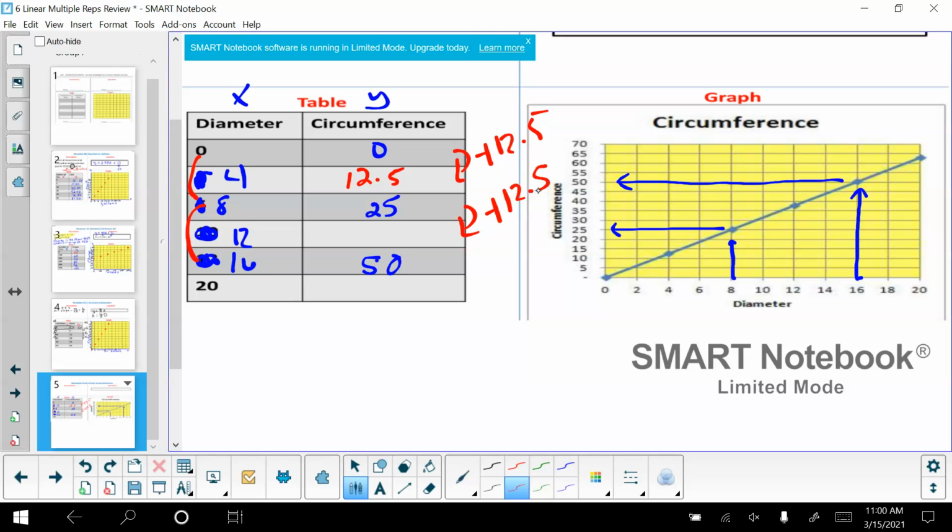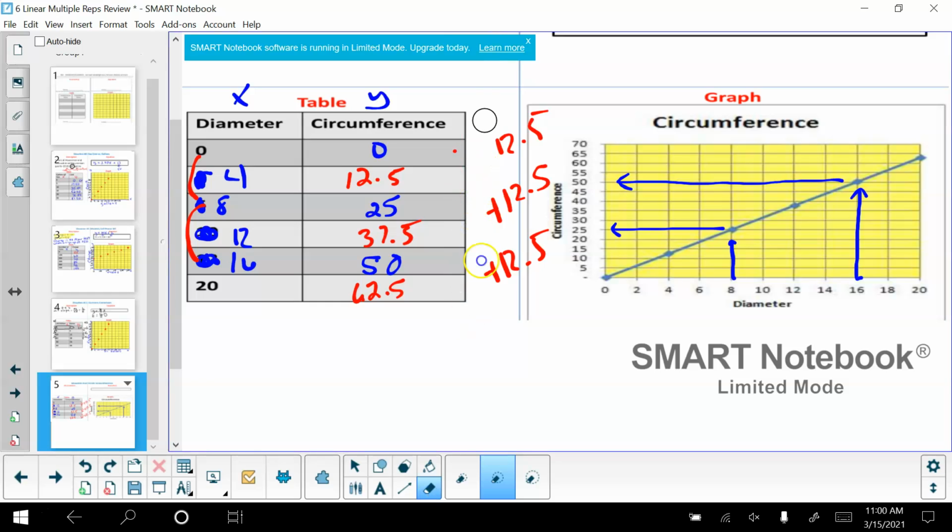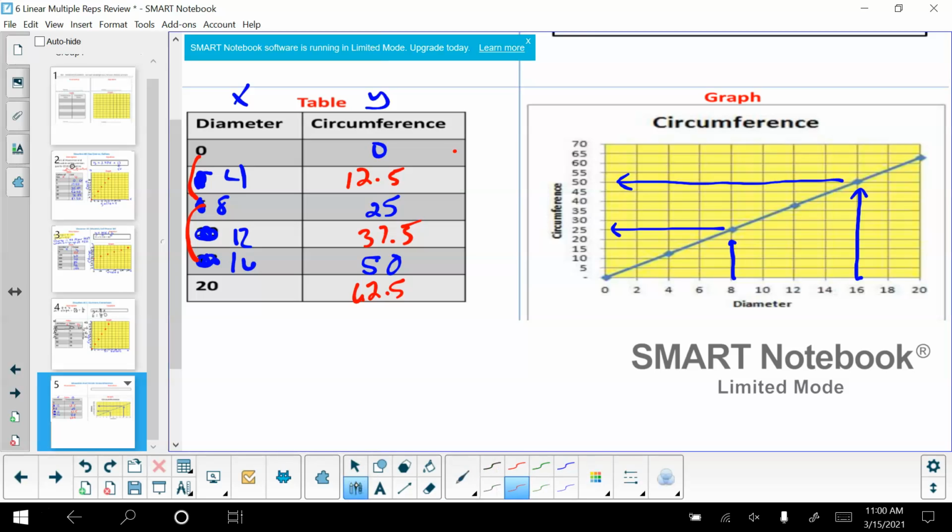So that's how it's going up on the table. So that would be 37.5. And then the next time it went up here to there, again up 12.5. That would be 62.5. Now, if you actually wanted to figure out the slope, go back and use the blue numbers that I originally had on there.